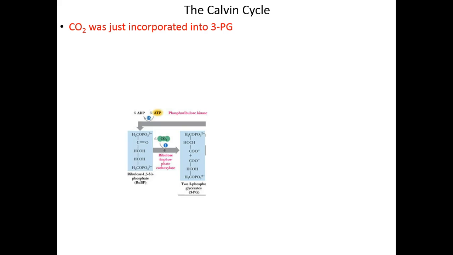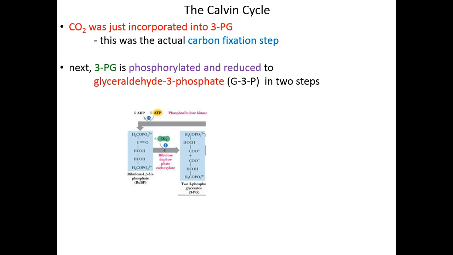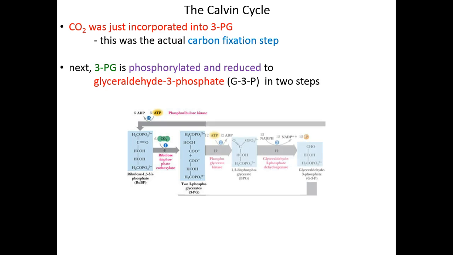Let's make some glucose. Well, these 3PGs are holding on to the carbon dioxide we just incorporated. That was the purpose of the first step of the Calvin cycle. This was the actual carbon fixation step. What's going to happen next is that 3PG is going to be phosphorylated and reduced to create GAP, glyceraldehyde 3-phosphate. That's going to take 2 different steps because it's 2 different processes, and we'll go through a 1,3-BPG intermediate.